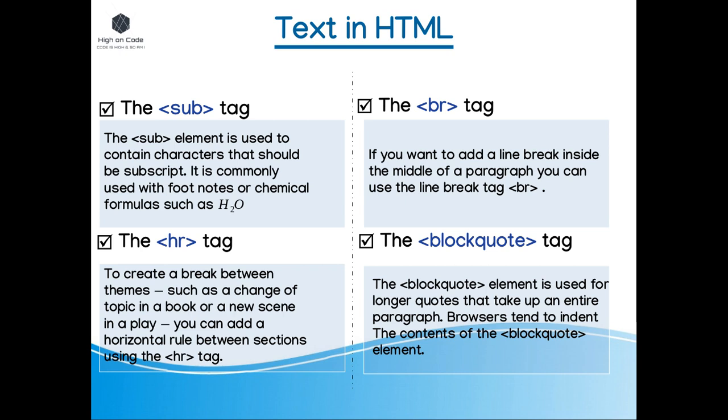Similar to the br tag, there is the horizontal rule, or hr tag. When we want to create a break between themes, such as a change of topic, we can use the hr tag. It just separates the sections in a file.